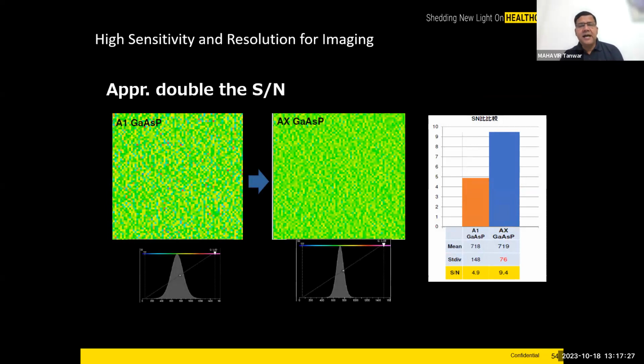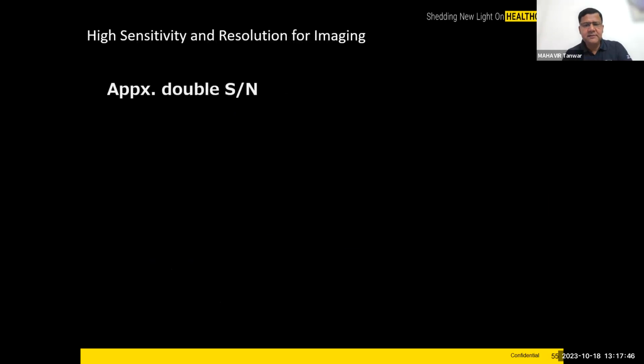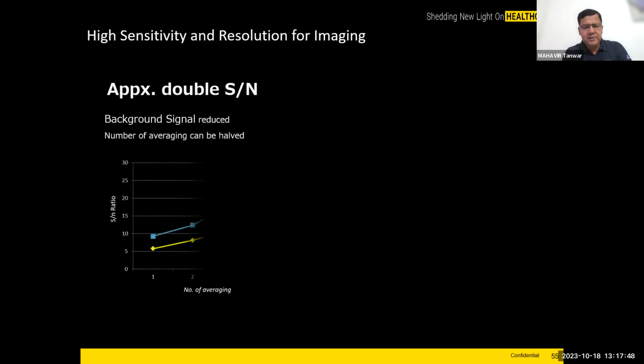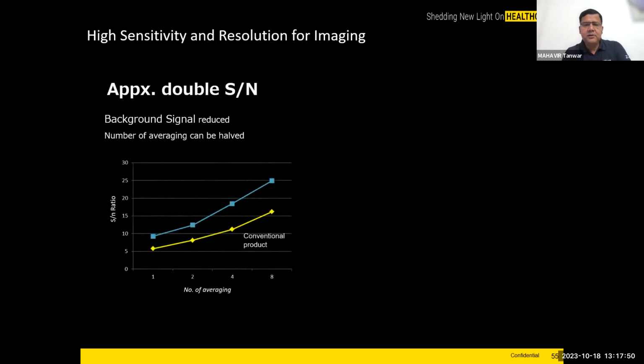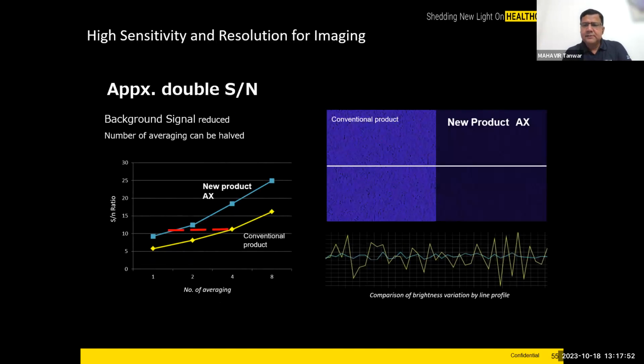The GaAsP is a gallium arsenide phosphide detector. These are the new detectors in the market, with a quantum efficiency of around 45% at around 500 or 530 nanometer wavelength range. Very sensitive detectors, and you can capture single molecule imaging also with these detectors.